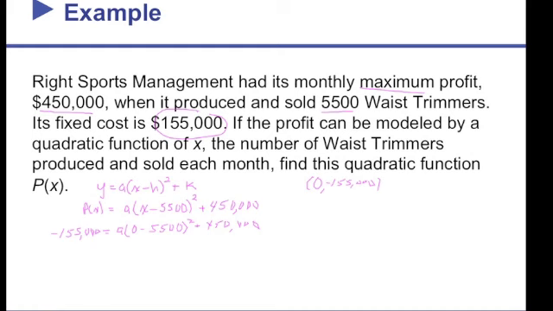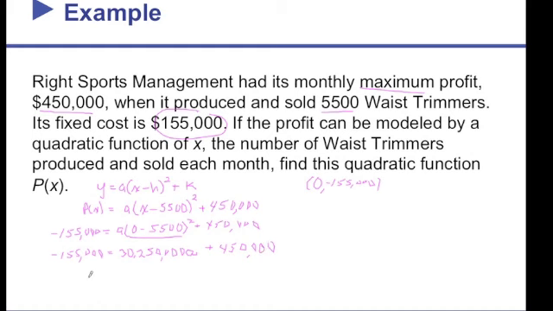Multiplying that out, I will find that I still have negative 155,000 equals, when I take negative 5,500 and square it, I will get 30,250,000 times a plus the 450,000.